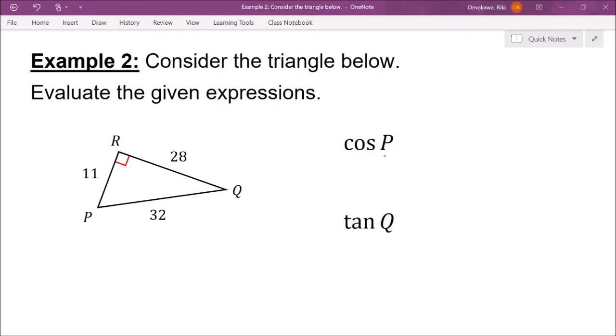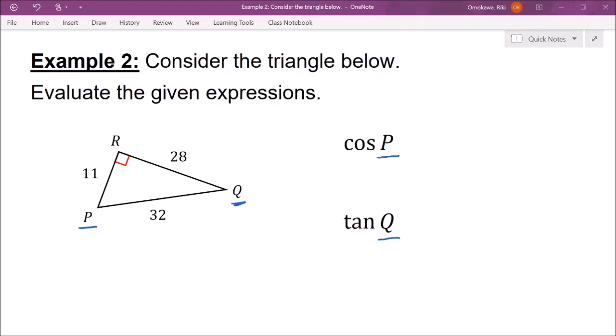So the first one, cosine P, that deals with the angle P, of course, so this one, right? But then the next expression, tangent of Q, that deals with a different angle. Q, right? Q is not P, Q is over here. And if you think about it, our labels for the sides depend on the angle we're talking about, right?